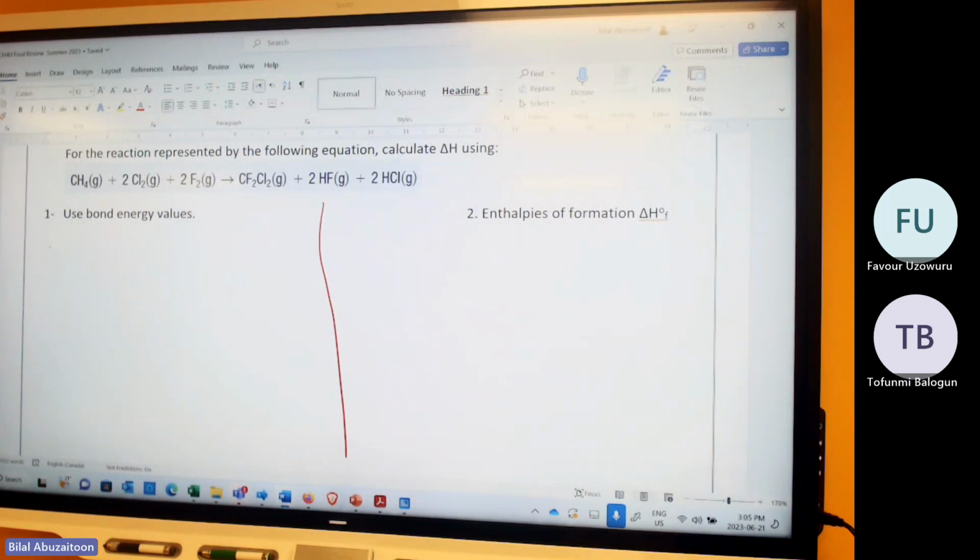I'm just going to redraw the Lewis structures. CH4, Cl2, two of them, and F2.